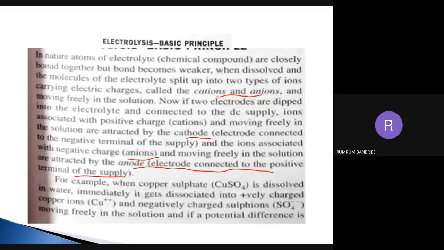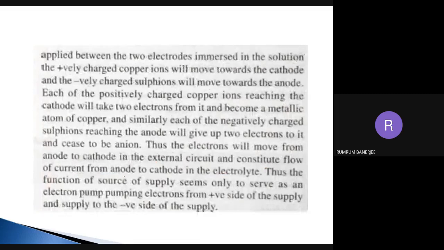For example, when copper sulfate CuSO4 is dissolved in water, immediately it gets dissociated into positively charged copper ions Cu++ and negatively charged sulfate ions, that is SO4 minus minus, moving freely in the solution. And if a potential difference is applied between the two electrodes immersed in the solution, the positively charged copper ions will move towards the cathode and negatively charged sulfate ions will move towards the anode.